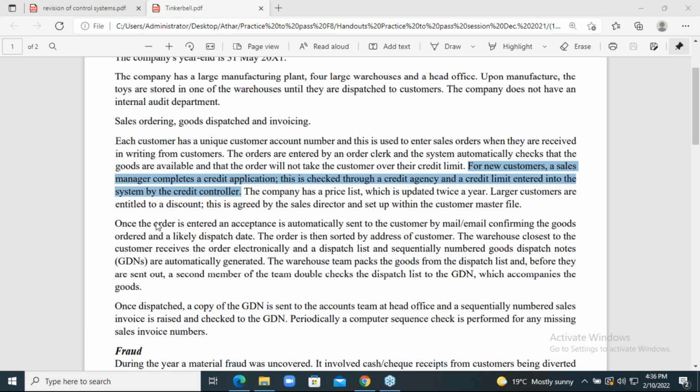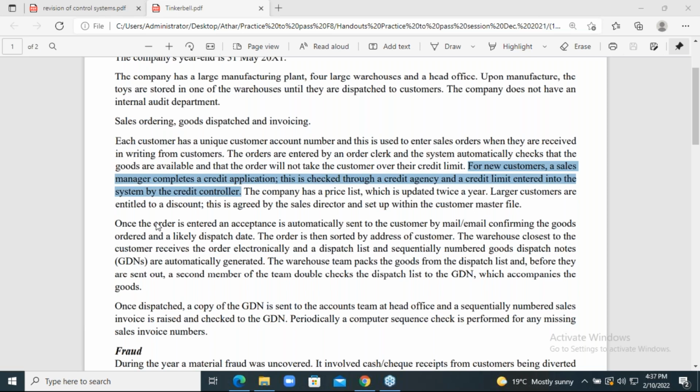There are certain styles of test of controls in which the control system provided to us has different sub processes, like we discussed in this data, where you could see that the sales manager enters the order, it is reconciled with credit agency output, and it is entered by credit control.